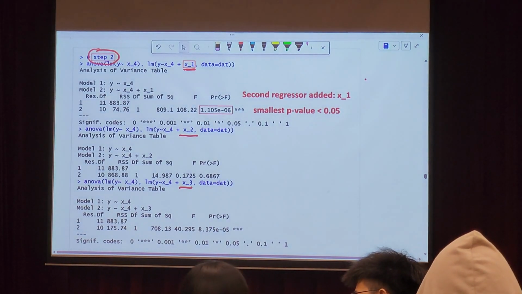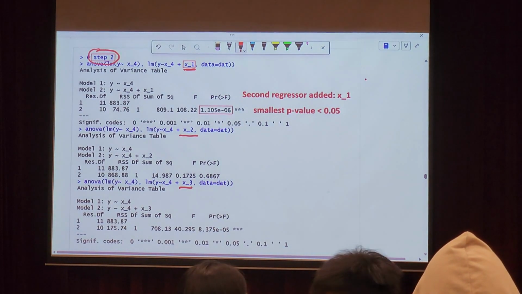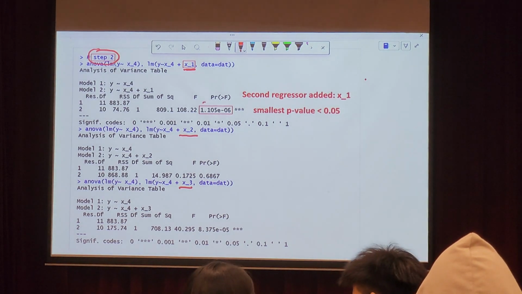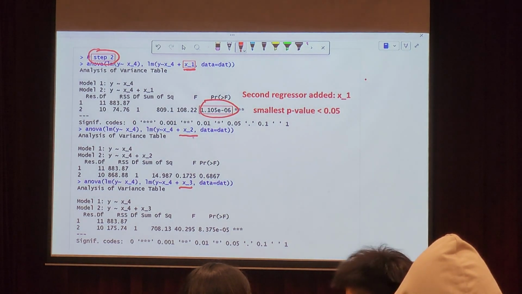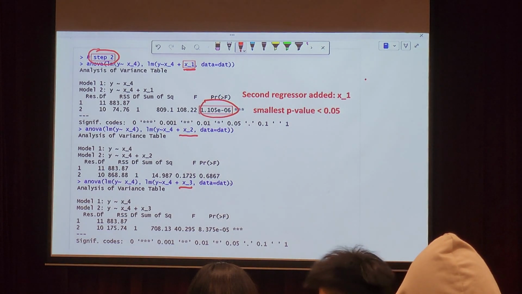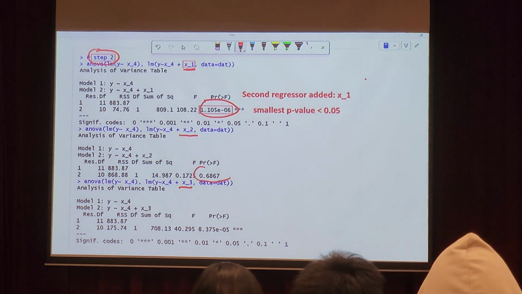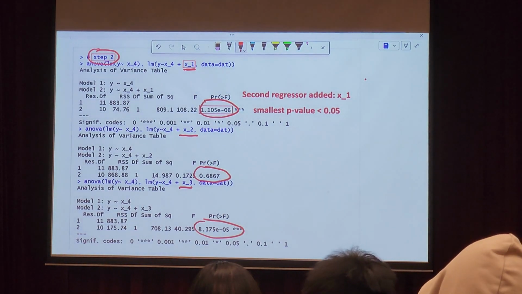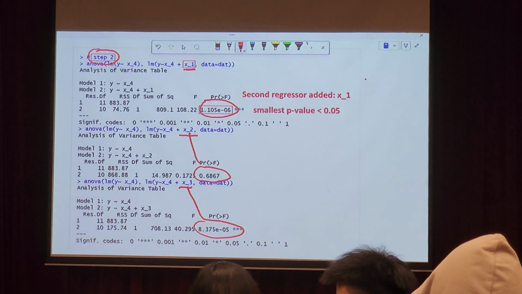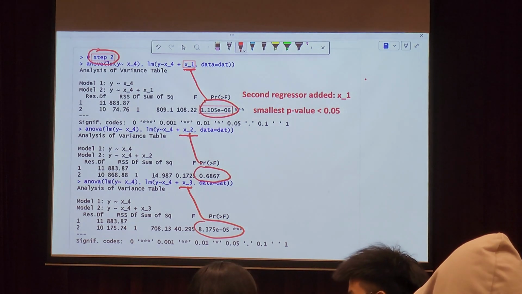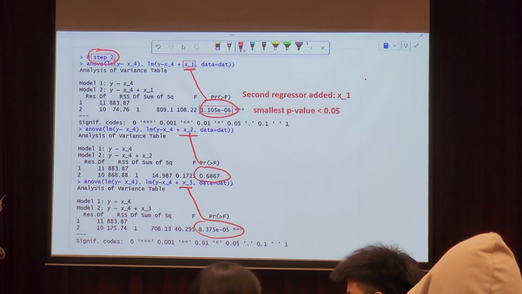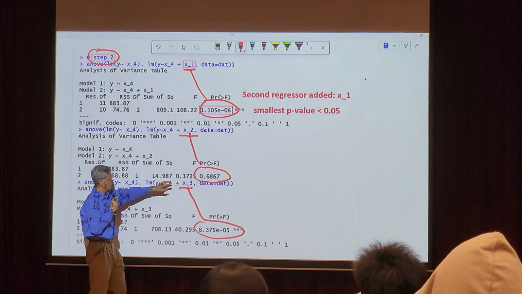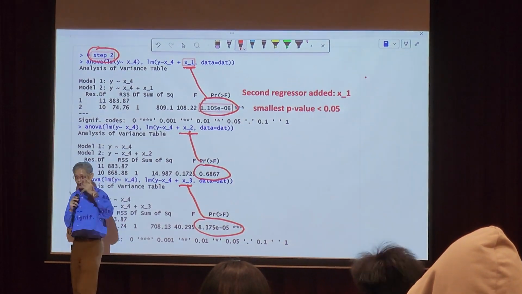Okay, so what is the p-value for including x1 after we have included x4? Is this one. For x2, the p-value is this one. For x3, the p-value is this one. So I'm going to line them up properly. So I know I must not consider x2 because the p-value is larger than 0.05.